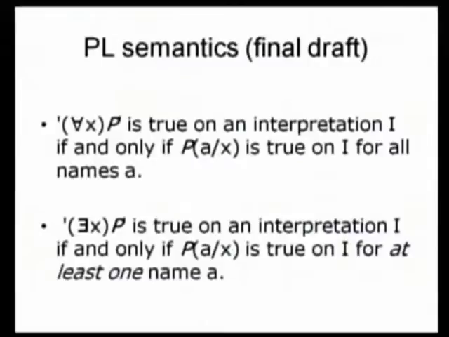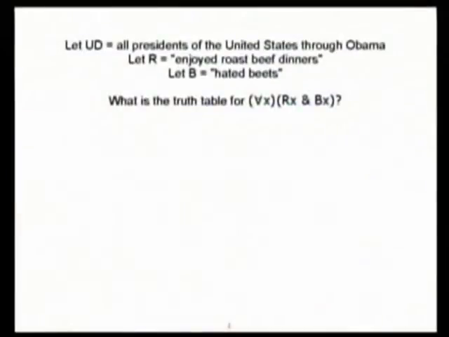So if that sentence before, all x, Rx and Bx, happens to be true conjointly for all presidents, they both loved roast beef and hated beets, that would be true on this interpretation in case it's true for every one of the 43 presidents.